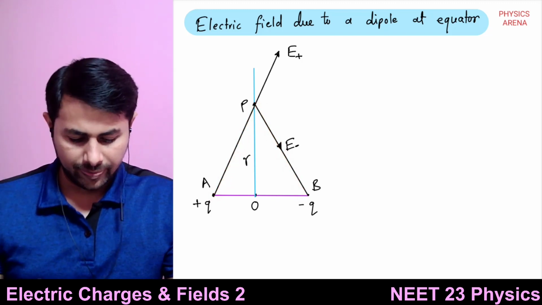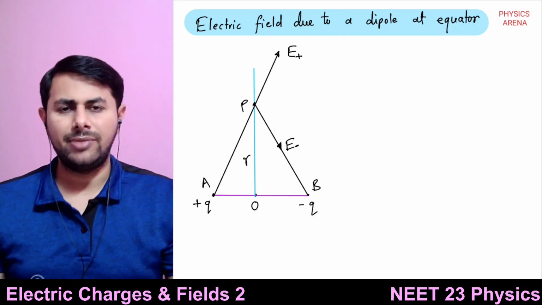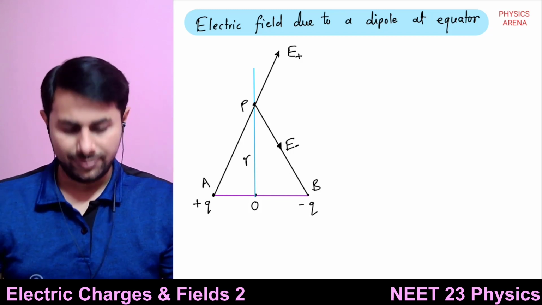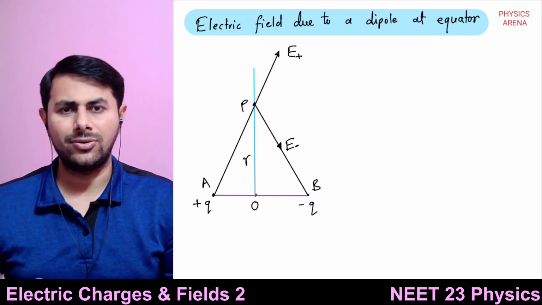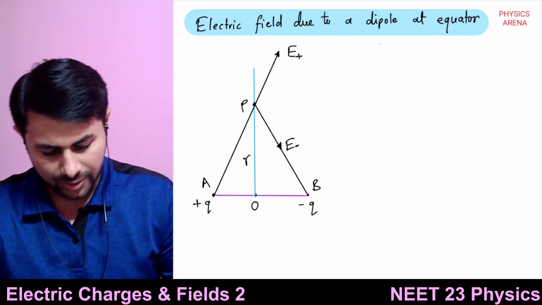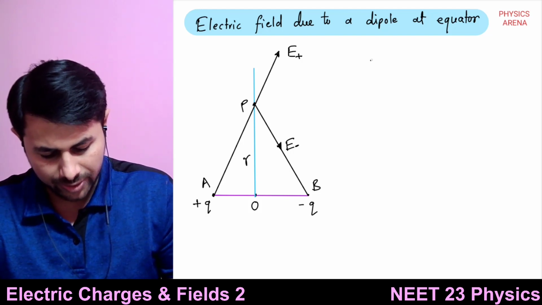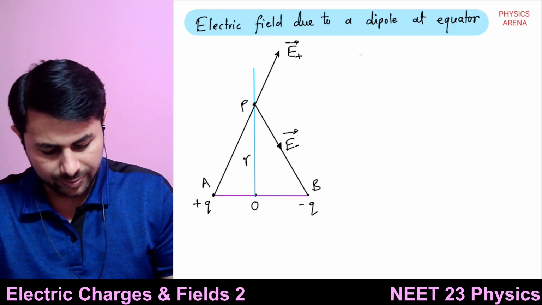So since the point P is at the same distance from plus Q and minus Q, we can say that the magnitude of the electric field due to plus Q and minus Q at that point would be equal. So this is E plus bar, this is E minus bar.